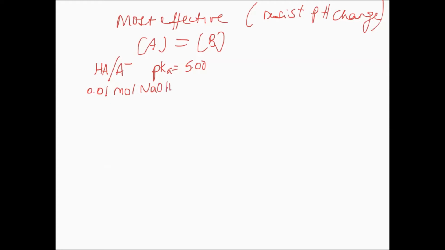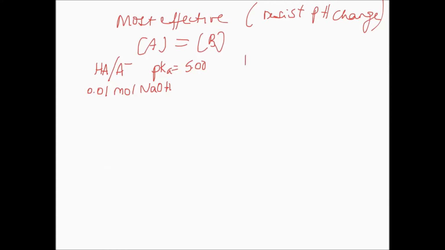But what I want to change is that in one case you have 0.20 moles of the acid and the conjugate base. However, in the other case, I want to change the amount of the conjugate base. So essentially, I want to vary the acid to base ratio in the two solutions.